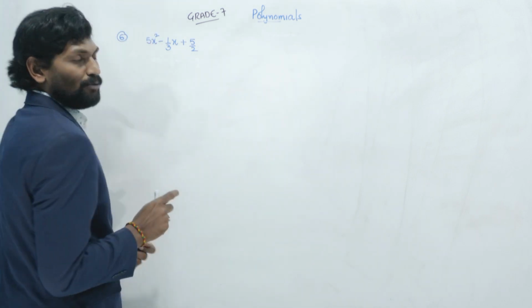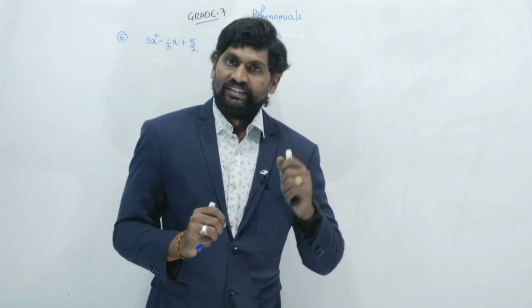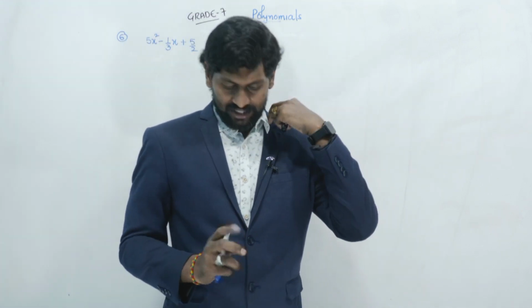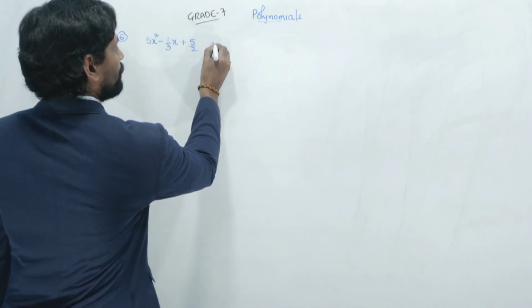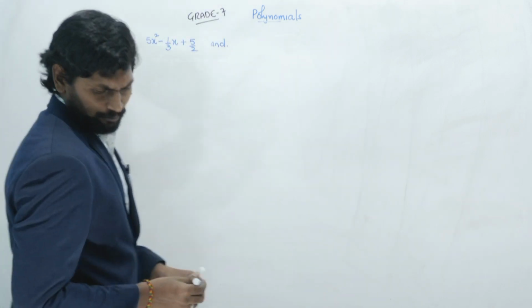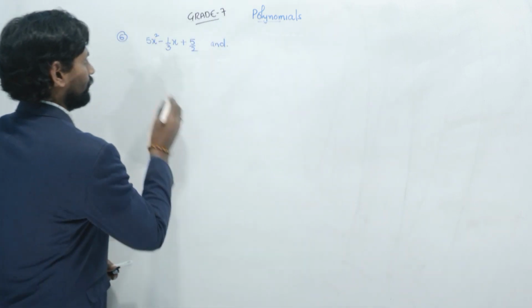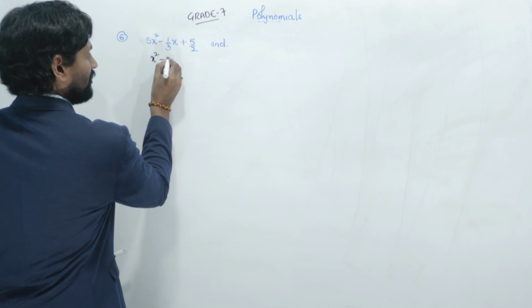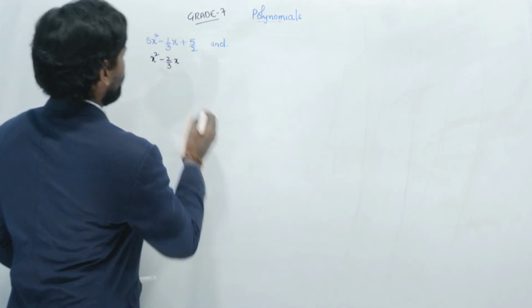X square, the power is a positive integer, and x power 1 is a positive integer, so this can be a polynomial. And the second polynomial I am going to write down: x square minus 2 by 3 x plus 1 by 2.